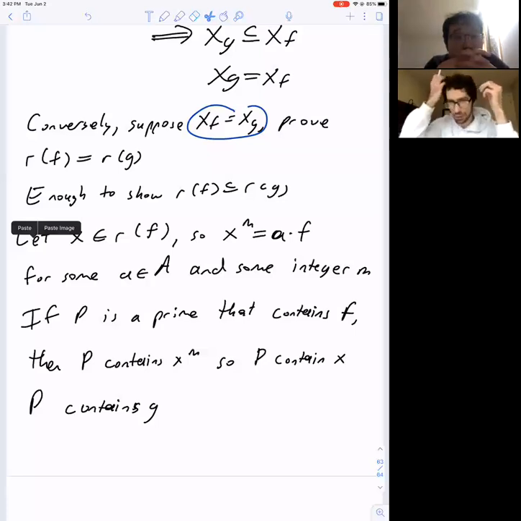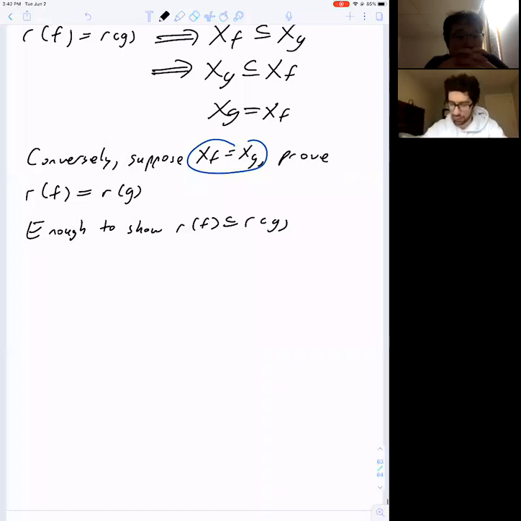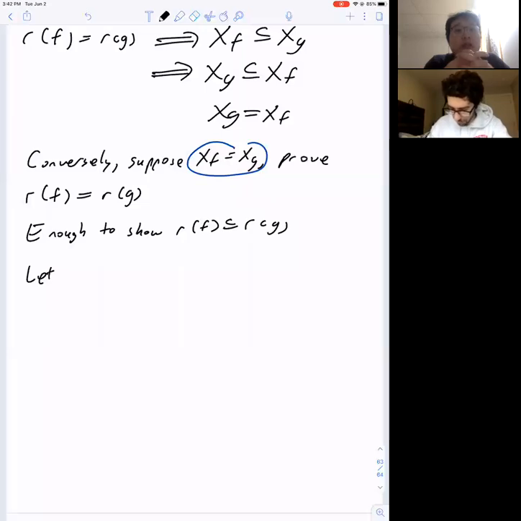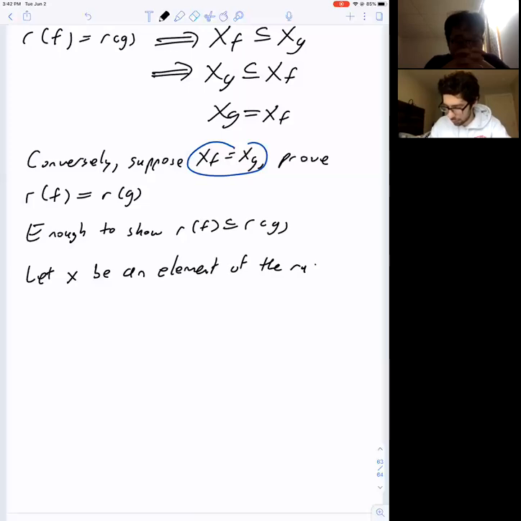So it's enough to show the radical of f is contained in the radical of g. So let, again, x be an element of the radical of f. So let's say x to the m equals a f. Okay, that's no problem.